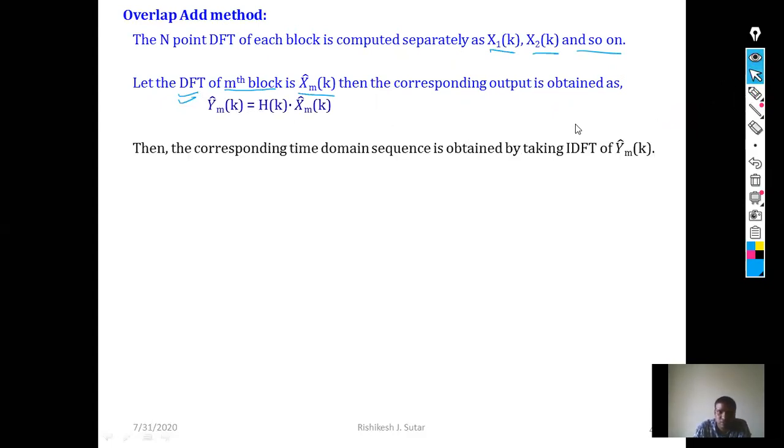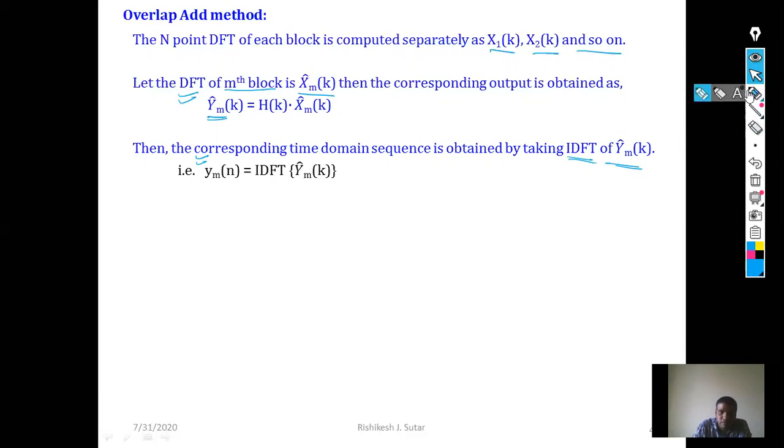So like this, I can find the DFT of each block. Once I have this ym of k, I can take its IDFT and get ym of n. ym of n is nothing but the m-th block of the output sequence.